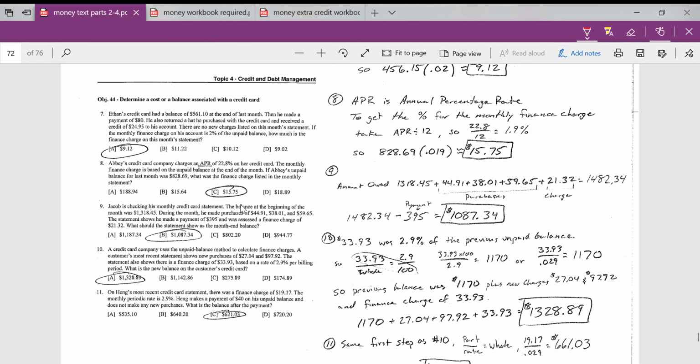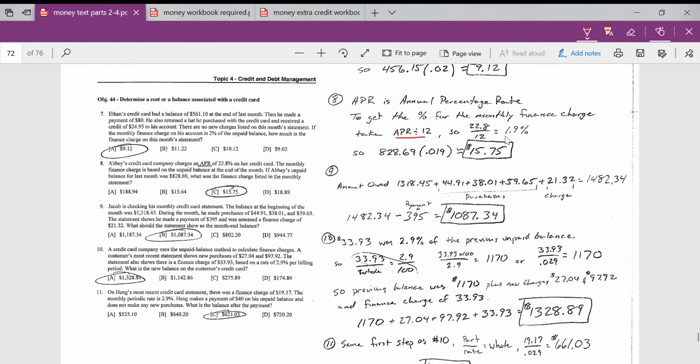So the main key here is don't take 22.8% of the $828.69. That's the annual percentage rate. So anytime they say an APR and you need to do a monthly problem, you need to take that APR divided by 12. So we're going to take 22.8 divided by 12.